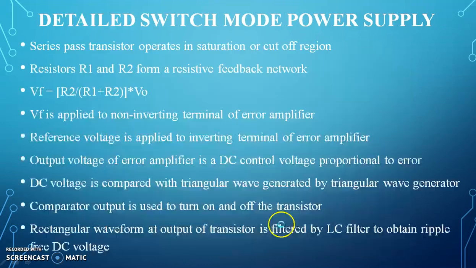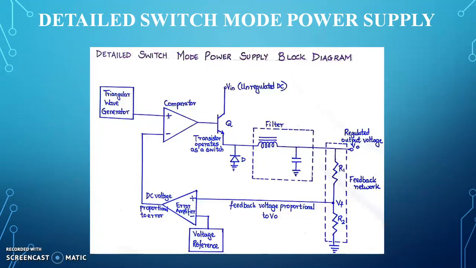Now if the output voltage is less than the required voltage, then VF, which is equal to R2 upon R1 plus R2 times VO, will also be less. This is given to the non-inverting terminal of the comparator.